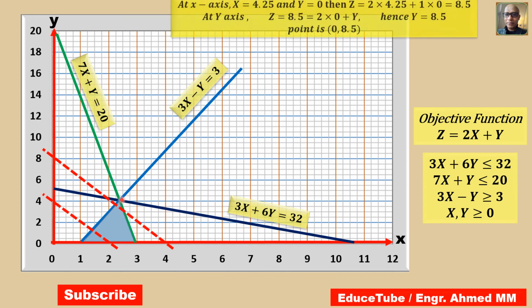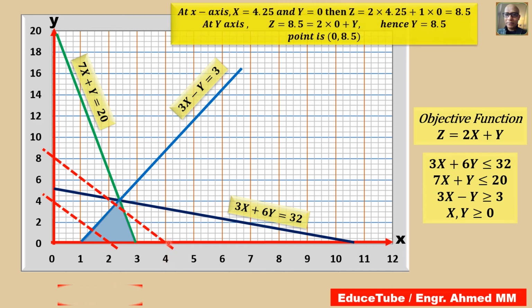Before, I assumed x equal to 4, now I will assume x equal to 4.25. So if I assume 4.25, y equal to 0, of course, here. So what is the value of z? 2 into 4.25 plus 1 into 0, it is 8.5. This is the value of z. Now using this value of z in the equation, considering that on the y-axis x equal to 0, we get the value of y.